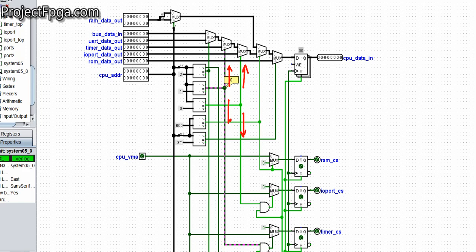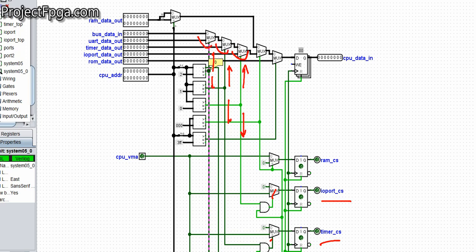Then last but not the least, whenever it's 2, you can see also that it went up and it went down. So what they are actually doing is that whenever they are going down to turn any of these multiplexers on, they are also going up to turn the same multiplexer on up here.